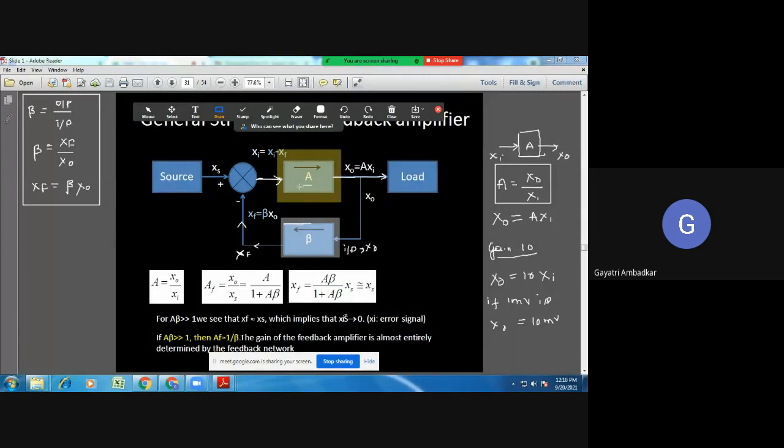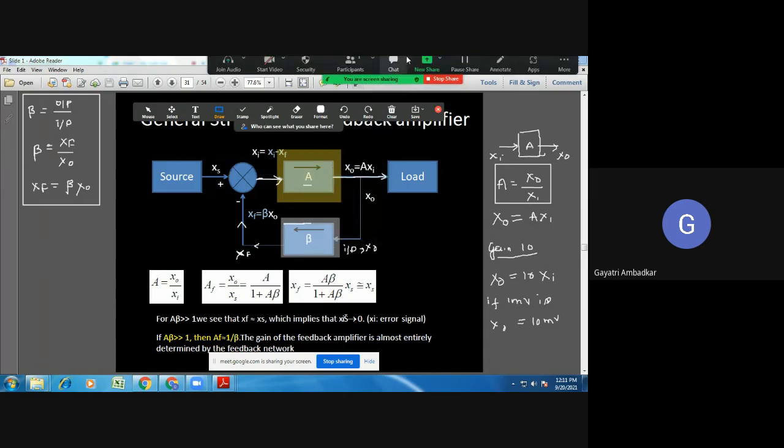So now what we have done: our output is available at the amplifier. We have taken it, applied it to the feedback network, and here the output XF is present. Now, when I have to give this back to the input, consider the feedback network.